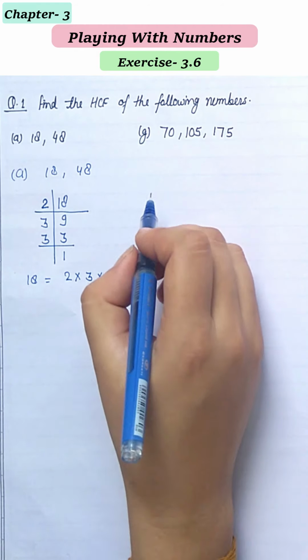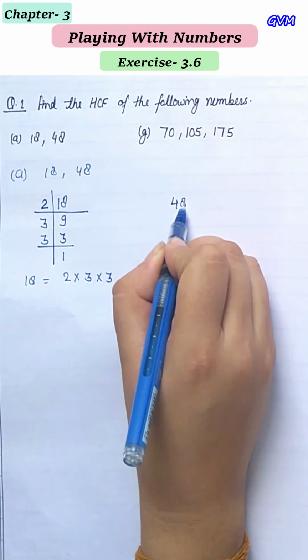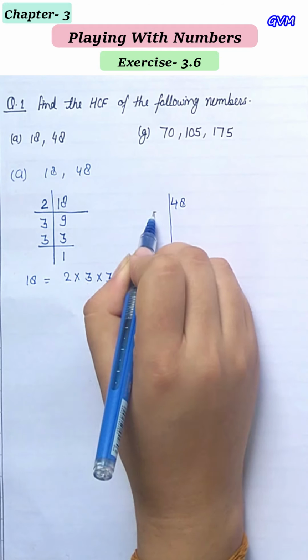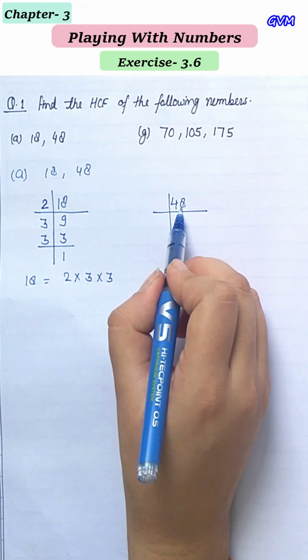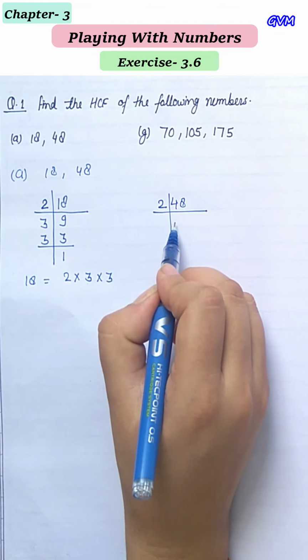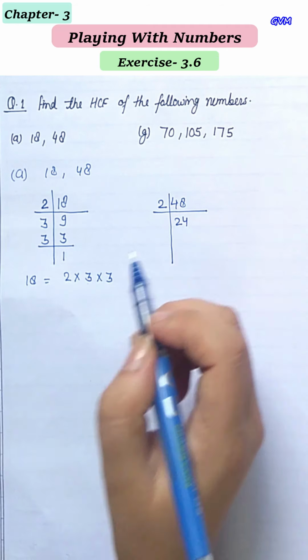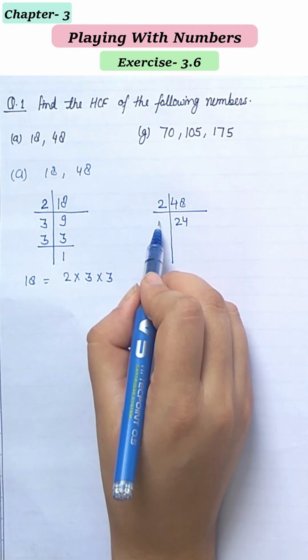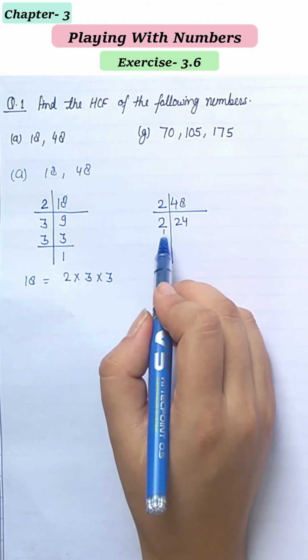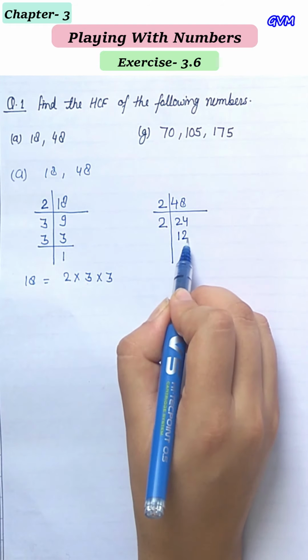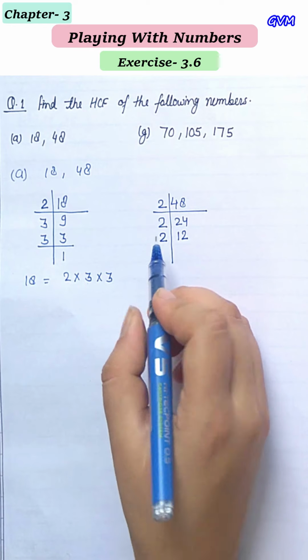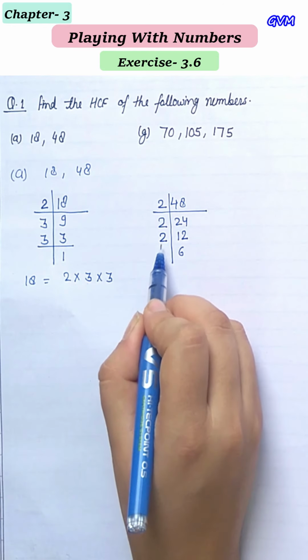Okay, now for 48, start with 2 because it is an even number, so 2 24s are 48. Again with 2, it is an even number, so 2 12s are 24. Again with 2, 2 6s are 12.